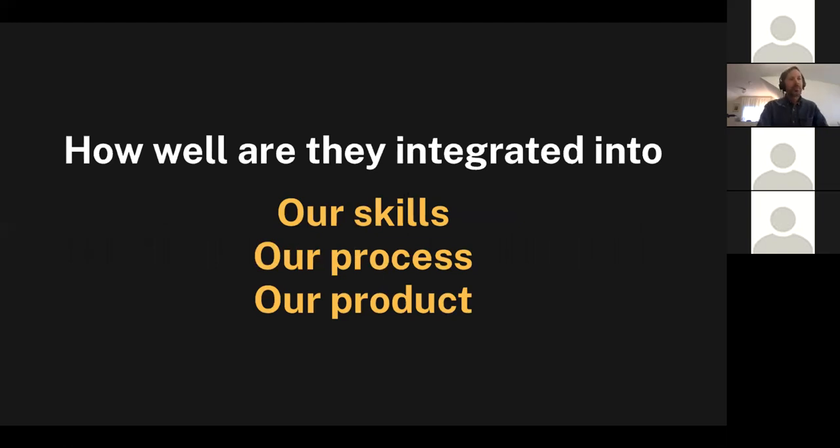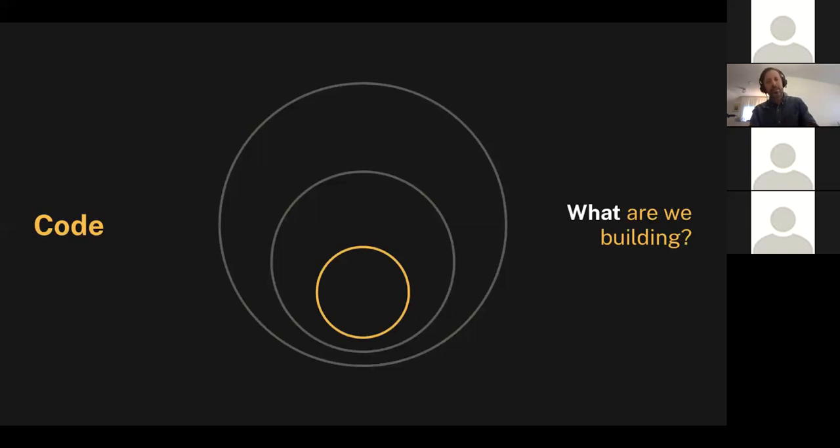So looking at the maturity model, we've seen these three circles before. We can think of the stages of maturity in the maturity model as kinds of questions. At the most granular code level, the question is what? What are we building? What is the code that's there?